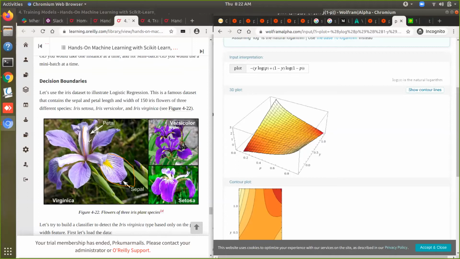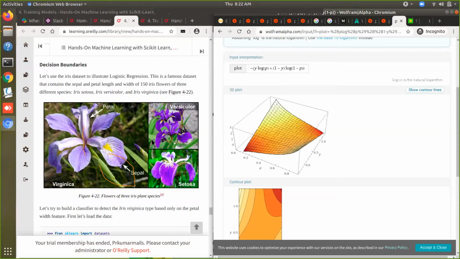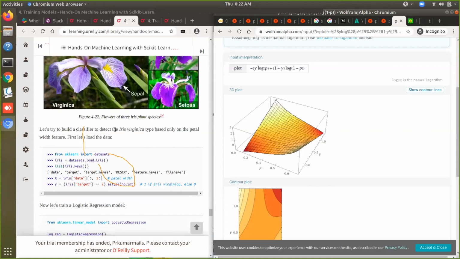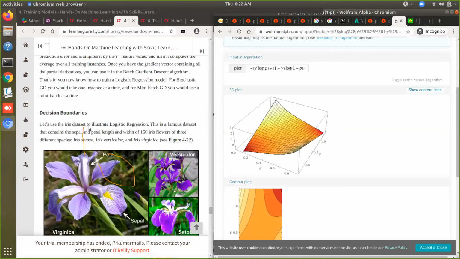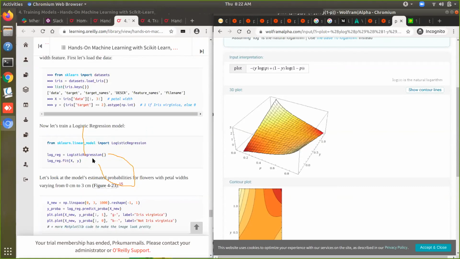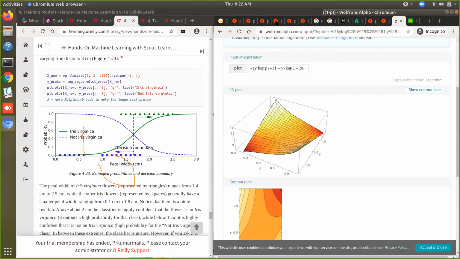So there are some features. In the flower virginica, both of them are a bit higher. In setosa, the petal length seems to be smaller, but the sepal is very high. In versicolor, it's somewhat inverse. And if we make a classifier in logistic regression, we are identifying whether it's iris virginica or not.